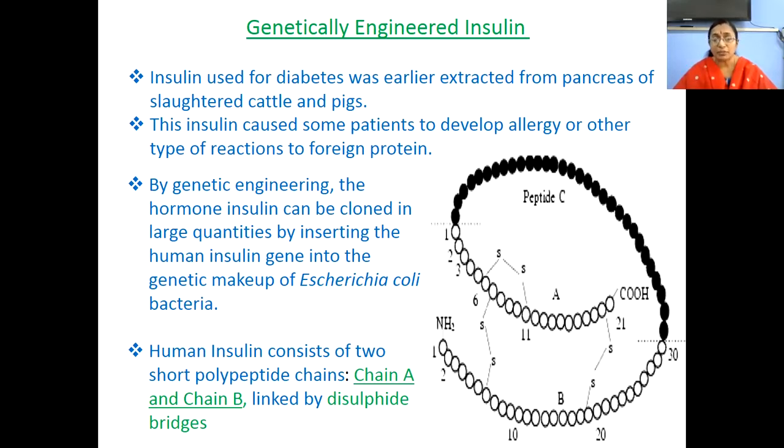So when the amount available was less, naturally availability would also be a problem. It would not be accessible to more people, and the price would also be very high. So if we are able to produce insulin on a large scale using microorganisms and recombinant technology, it would be a boon to mankind. That's how this process was initiated.